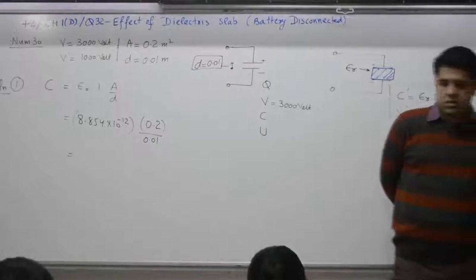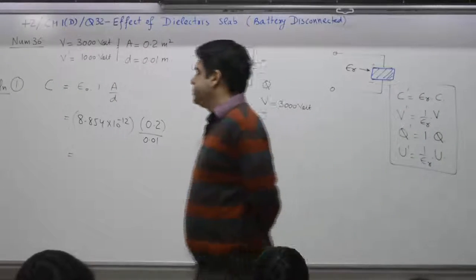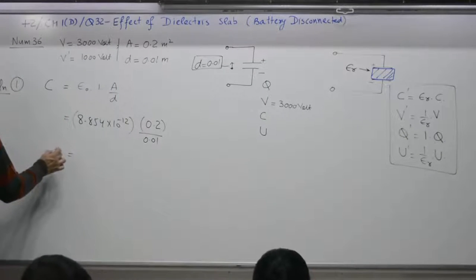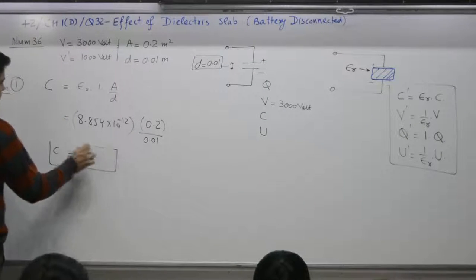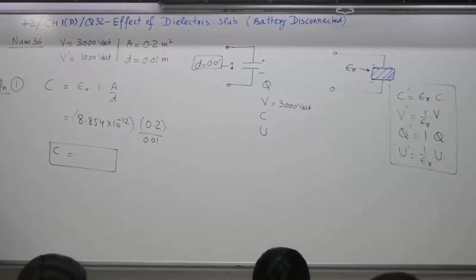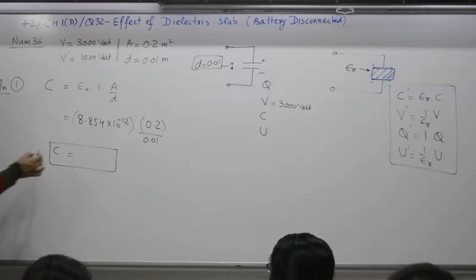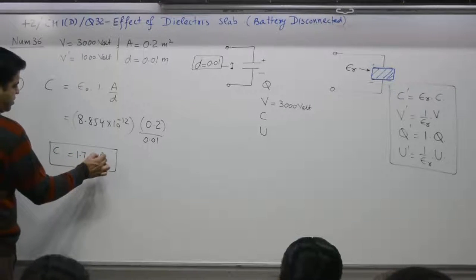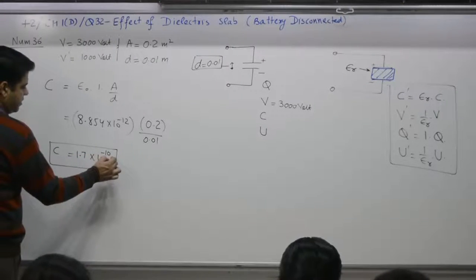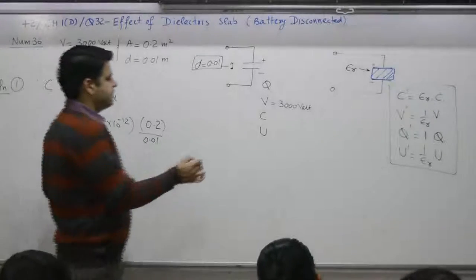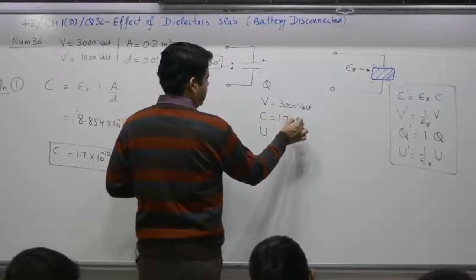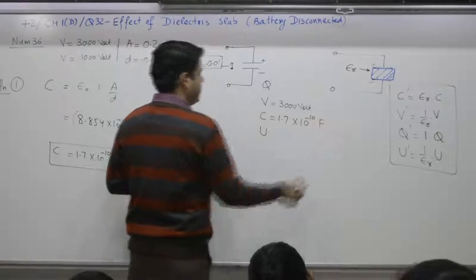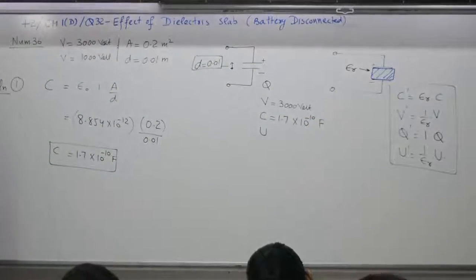Find capacitance in farad. It is 1.7 into 10 raised to power minus 10 farad. Part 1 is answered.